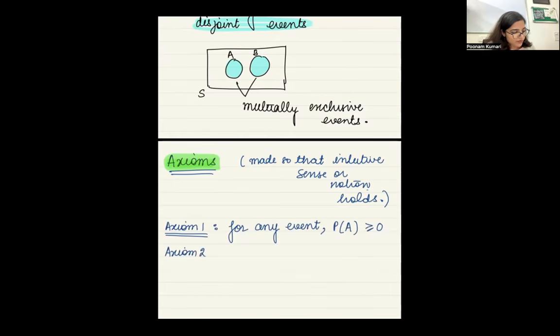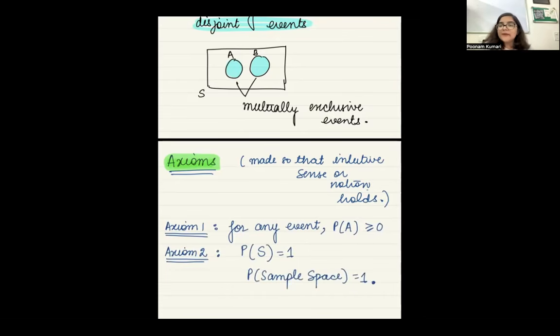Yes. So what is my second axiom? My second axiom says the probability of your sample space is 1. Meaning, if you have an event in which the entire sample space is there, the probability of the entire sample space is 1. That means probability of sample space is equal to 1.